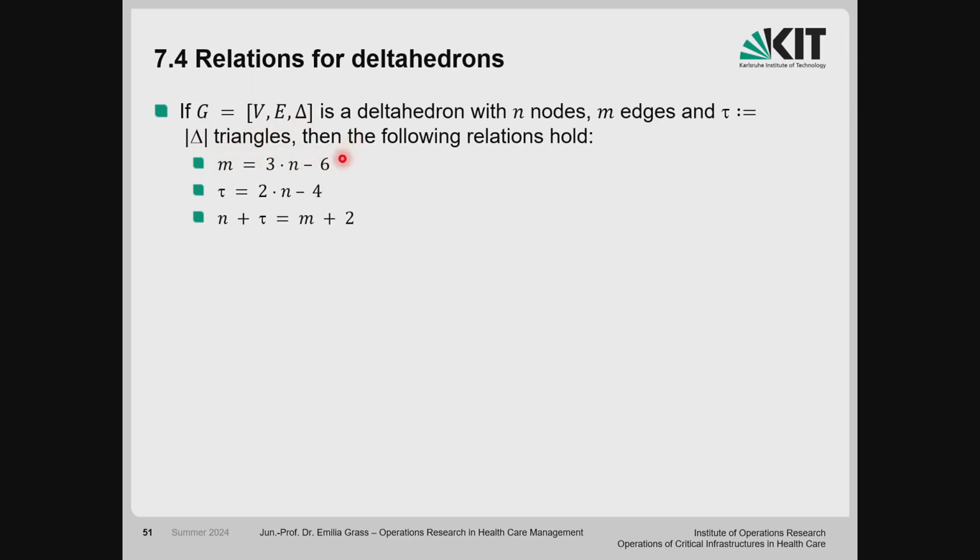So this has a linear dependency. Before we had a quadratic one, right? In a normal graph we always have a quadratic relation, but for delta hedrons we have 3 times n minus 6 edges. This is the number of triangles, and this relation also holds.